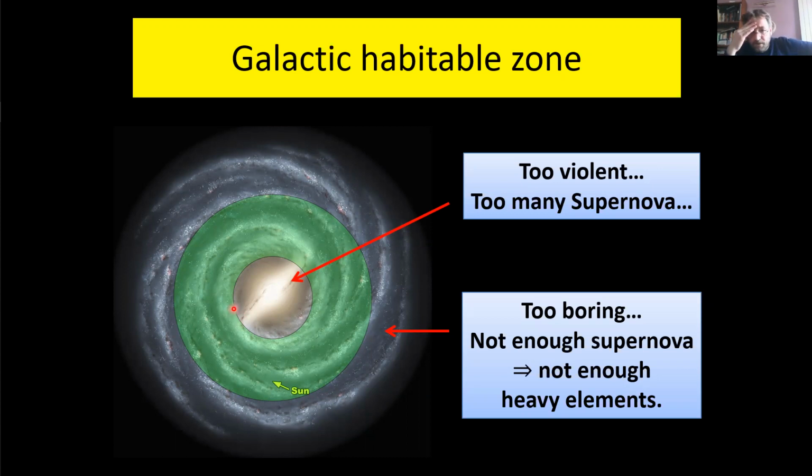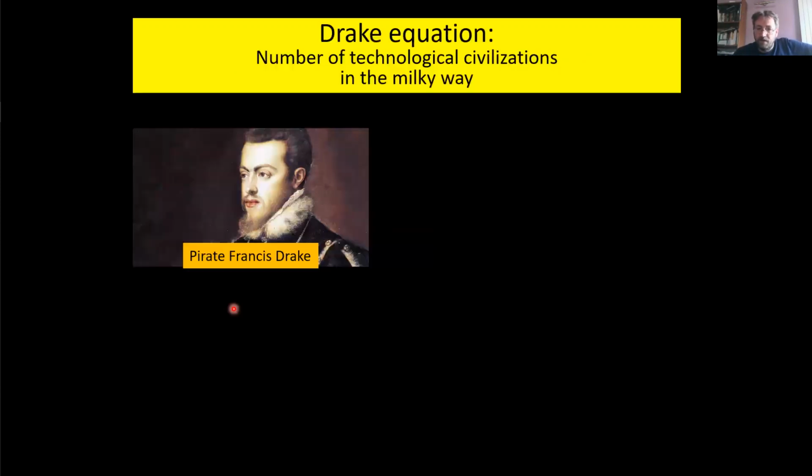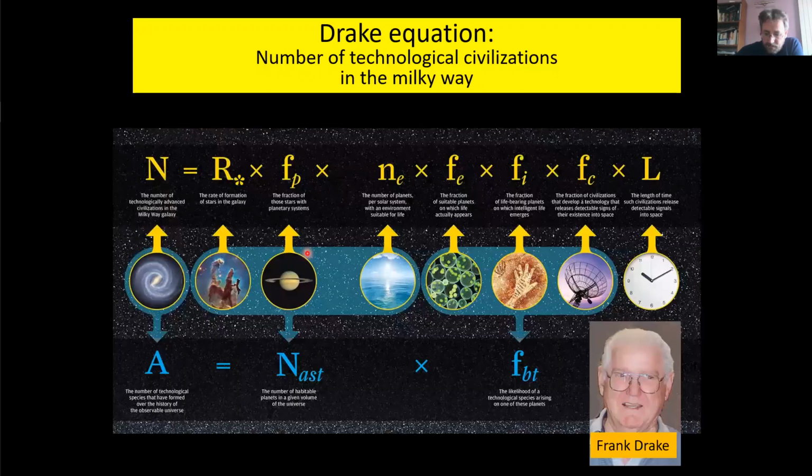And now I want to end this module by giving you what's called the Drake equation. The most famous Drake is Francis Drake, of course, the pirate. But there was also Frank Drake, and he was one of the first to methodically look for the conditions for another technological civilization out there.